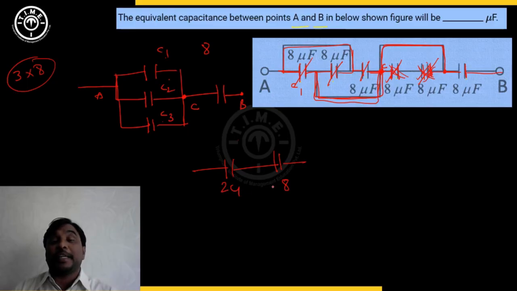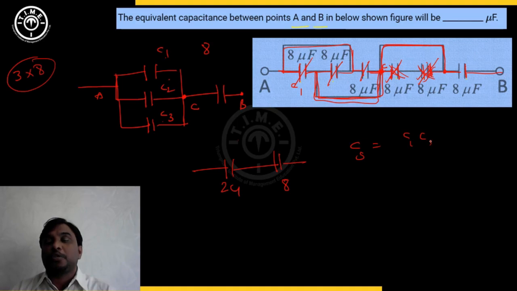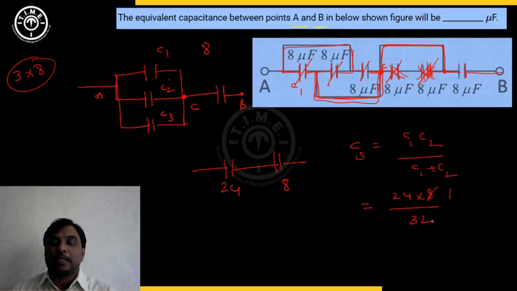Now these 2 are connected in series. In series, you know, C1C2 by C1 plus C2, otherwise 1 by C1 plus 1 by C2. Simplify: 24 into 8 by 24 plus 8 is 32. 8 ones are 8, 8 fours are 32, 4 ones are 4, 4 sixes. So the answer is 6 microfarad.